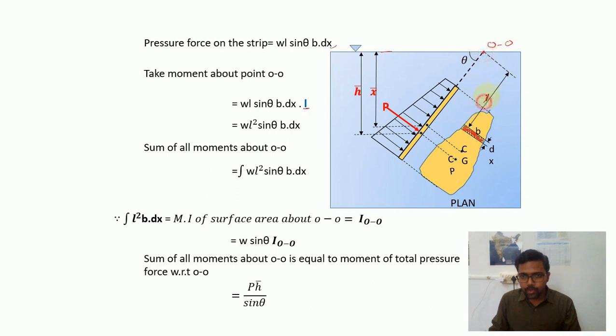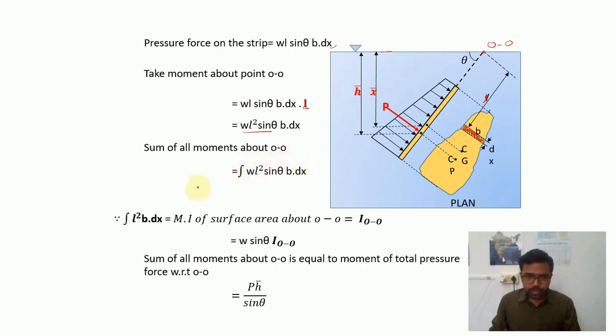So the moment about OO will be W L square sin theta B dx. The sum of all moments about OO is the integration of W L square sin theta B dx, because the moment we calculated is for a small strip. If we integrate it, we get the moment of all the elementary forces with respect to OO, that is the total moment of force about OO.